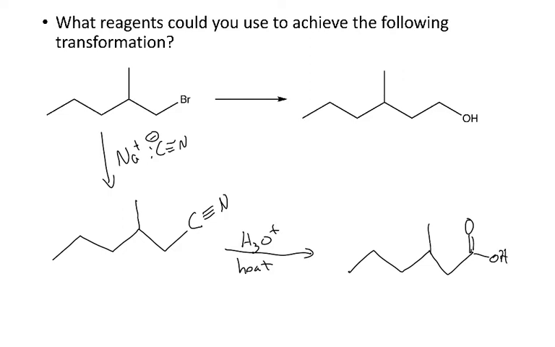And that will convert my nitrile into a carboxylic acid. And then I know I can go from a carboxylic acid to a primary alcohol through reduction. And so I can use either borane or lithium aluminum hydride. And so I'm going to go the borane route to convert my carboxylic acid into the primary alcohol.